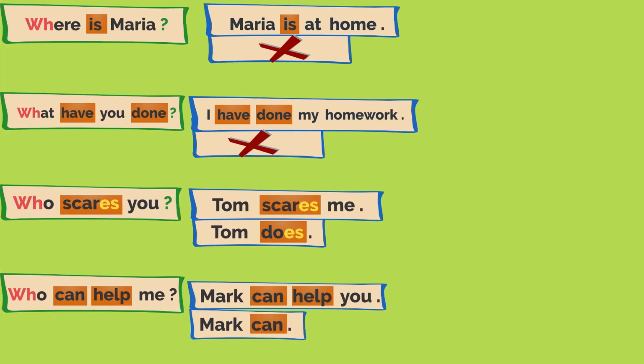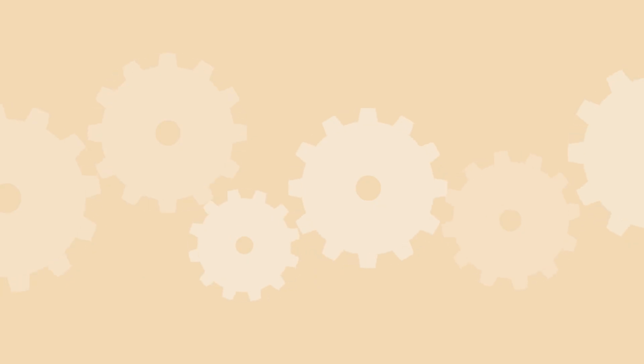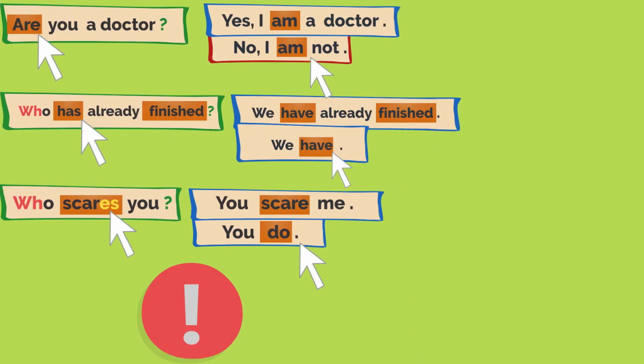Examples: remember that if the subject has different persons in the question and the answer, the verb form must also be changed in the answer.